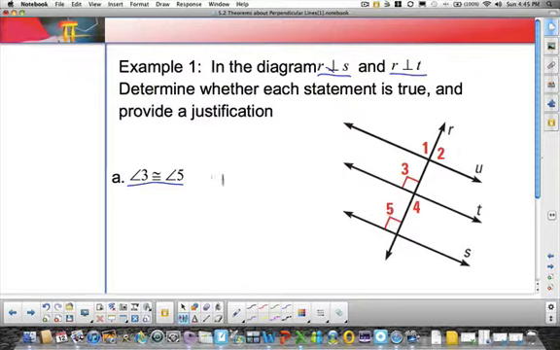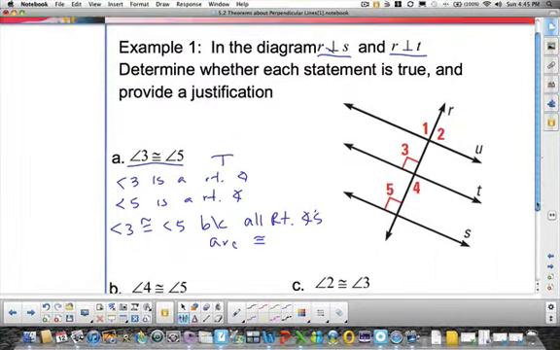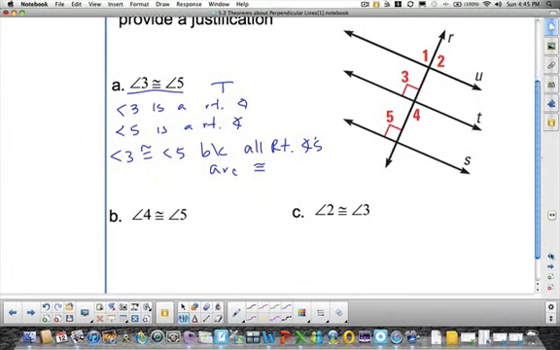We know that this is true because we can see from the diagram that angle 3 is a right angle. We can see from the diagram that angle 5 is a right angle. Therefore, angle 3 is congruent to angle 5 because all right angles are congruent. That's that first theorem we talked about. So it seems rather obvious, but we're focusing on the justification here.